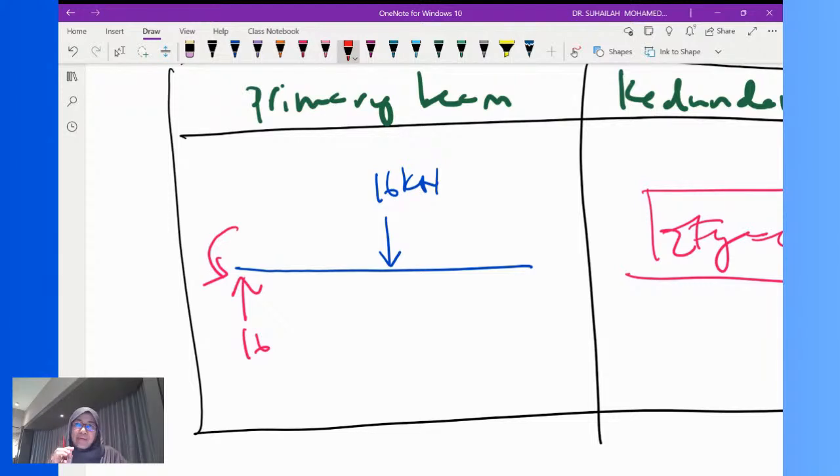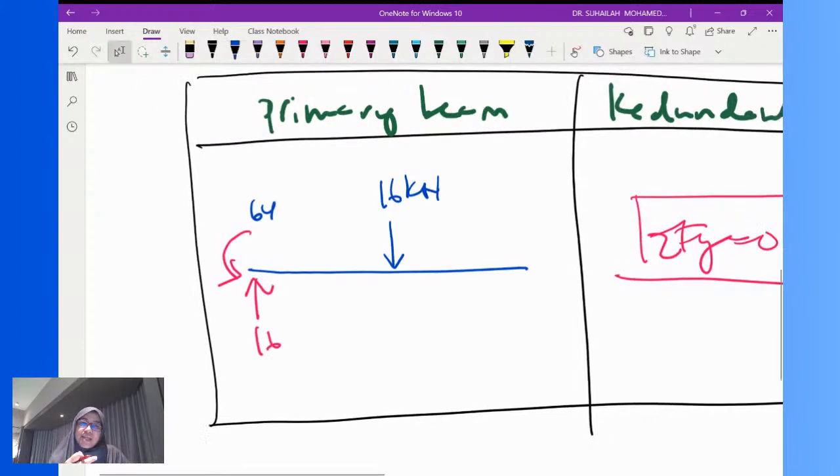You can write the answer in the comment in the chat box. 16 times 4 is 64, isn't it? It is 64, and 64 is acting in counterclockwise direction.